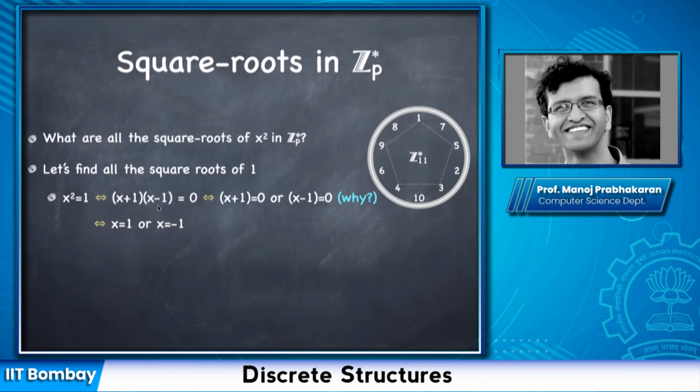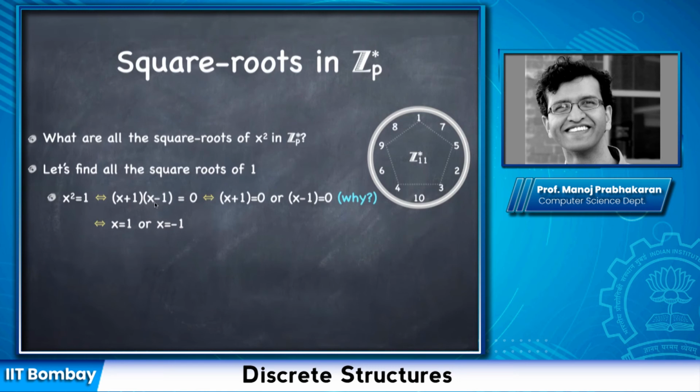So remember, these are both elements in Z_p, right? And in Z_p, if both of them are non-zero, then these are both elements in Z_p star, and their product will be an element in Z_p star, and that cannot be 0. Another way to think about this is using Euclid's lemma. Modulo p, what is this saying?